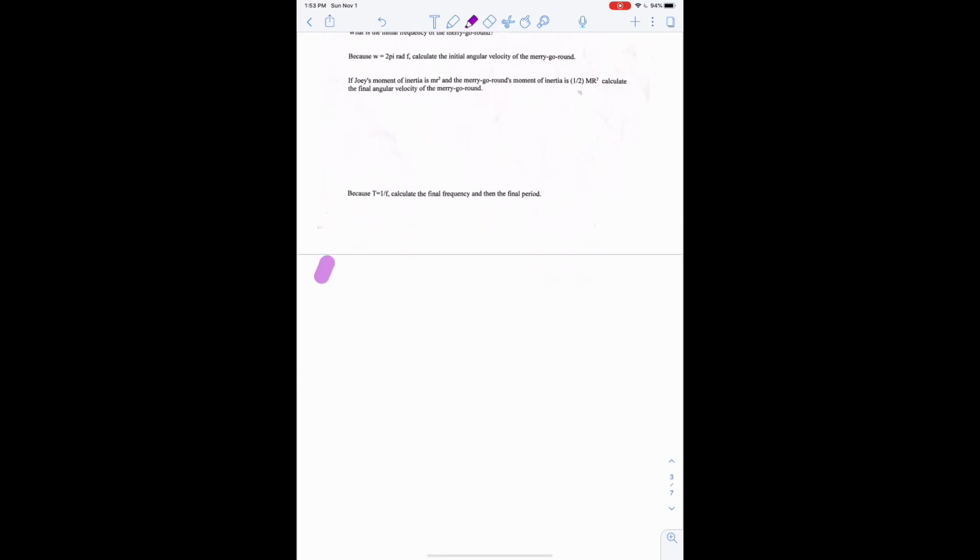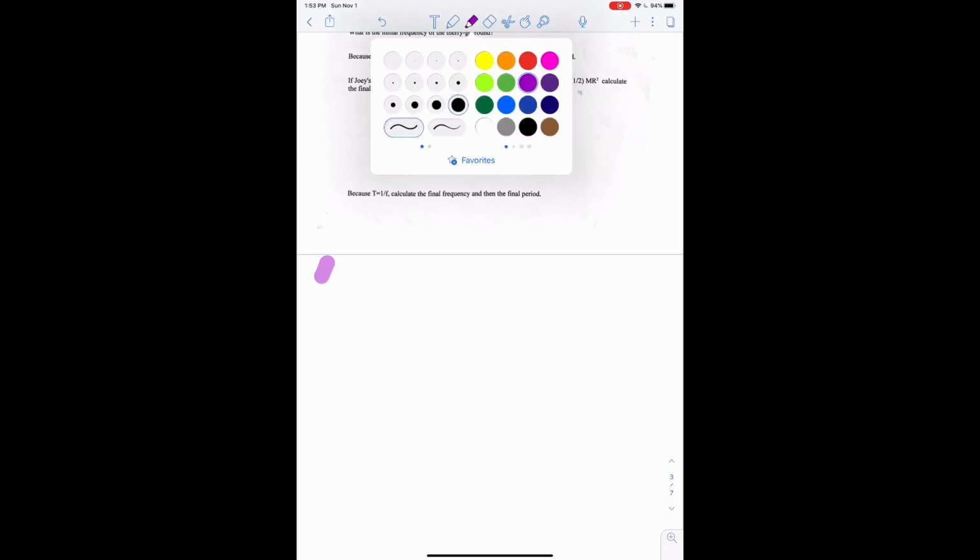So I always like to start with before and after drawings. I'm just going to go ahead and make all mine down here because I just want a little more room just in case.